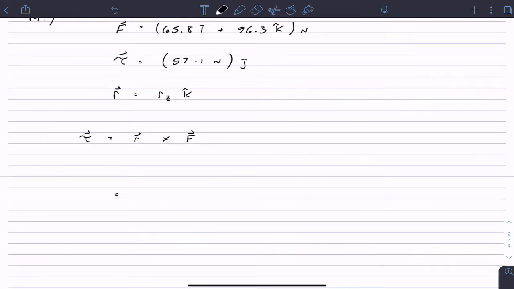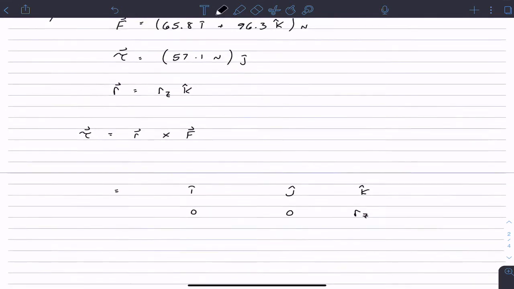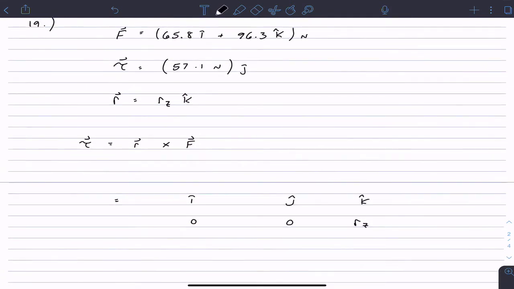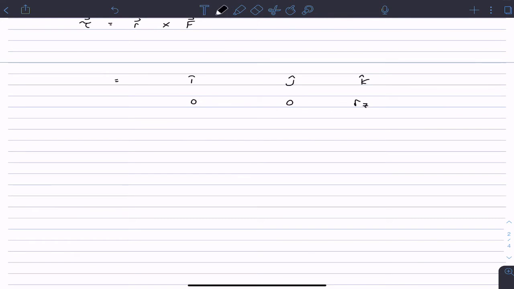That means that we're going to have I, J, K. We have R, Z component, and then nothing here. And then we have I and K components for F. So this is going to be I component and K component. All right, and then we take the cross product to see what happens.